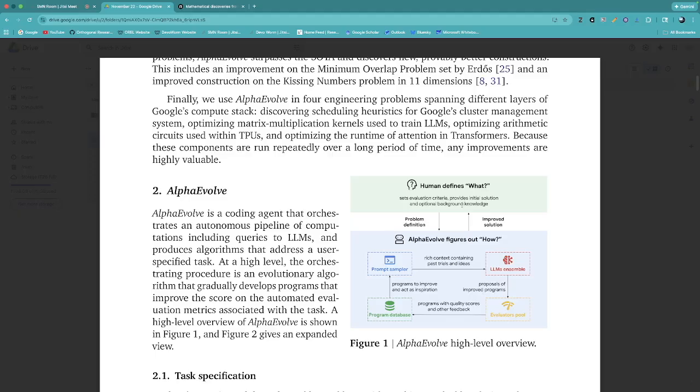That ensemble proposes improved programs that go to the evaluators pool, which scores programs with quality scores and other feedback, which goes to the program database. Those are programs that improve and act as inspiration, and that goes back to the prompt sampler, which then provides an improved solution to the human.